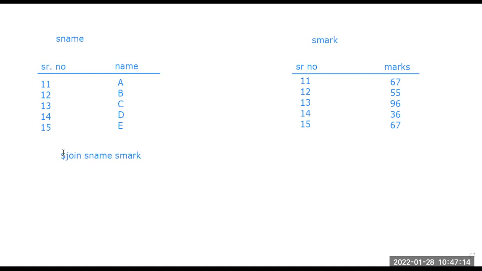To join these two tables, we can use this command, dollar join S name and S mark. If we use this join command on these two tables, what will we get as output? The output will be like this.